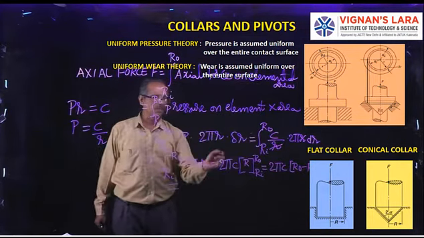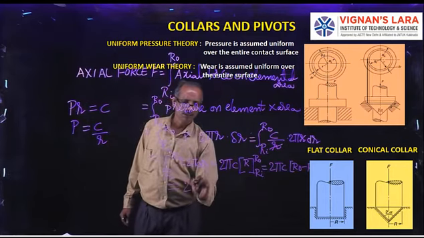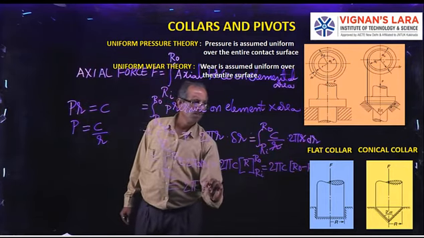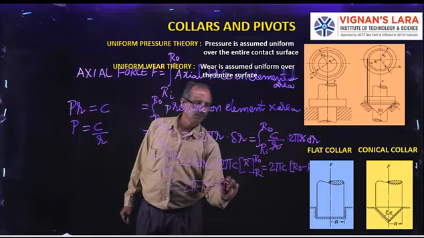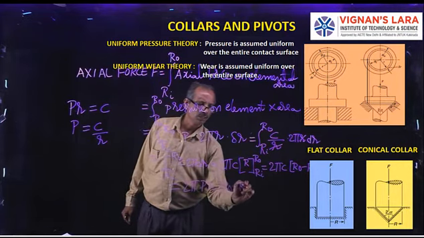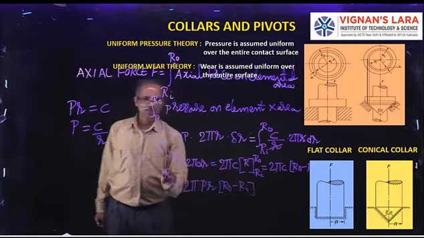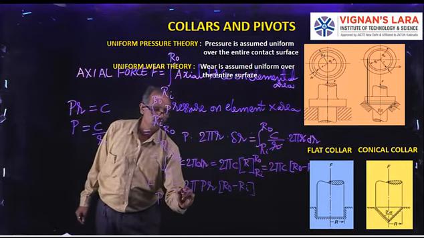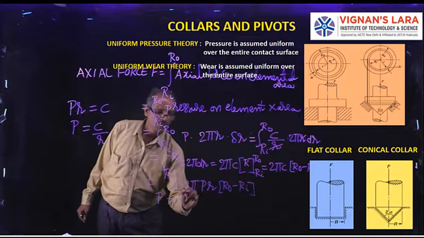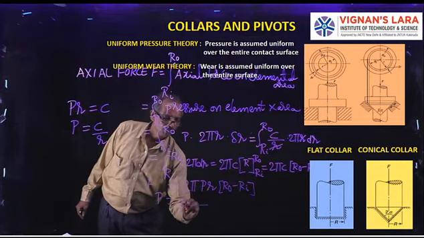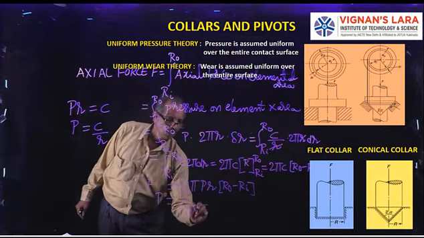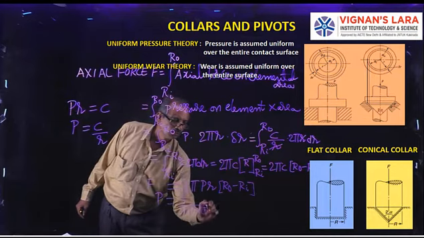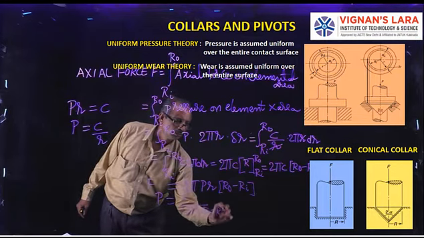C is PR, so once again I will replace it: 2 pi PR into R0 minus Ri. So this is F. So from here P is equal to F by 2 pi R into R0 minus Ri.